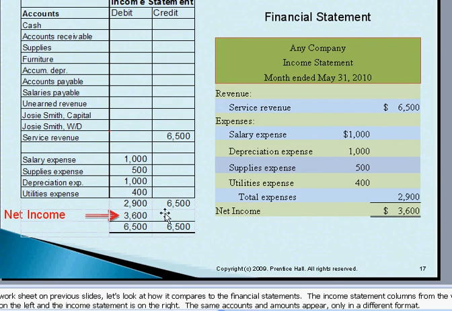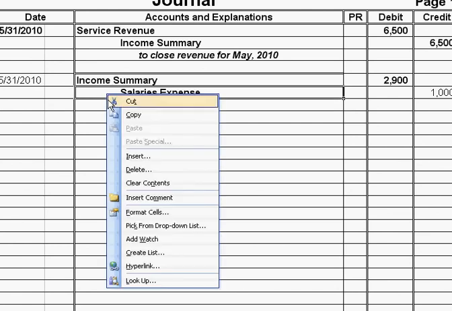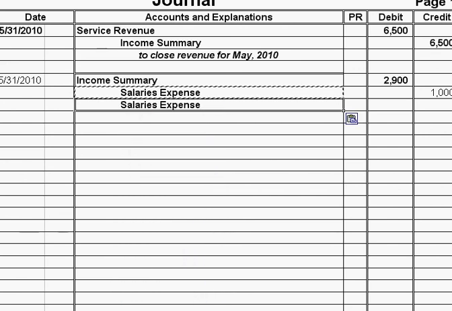Next, we're going to credit all of the expenses. We have salaries, depreciation, supplies, and utilities. So we're going to credit salaries expense $1,000. We're going to credit the depreciation expense for $1,000.